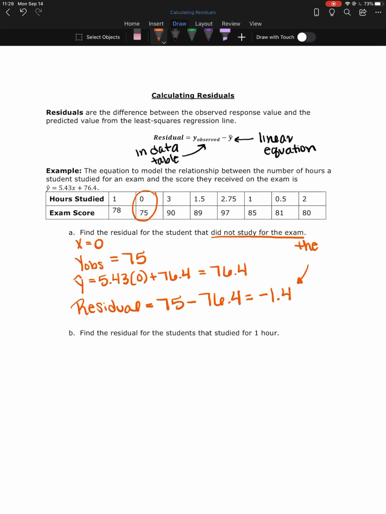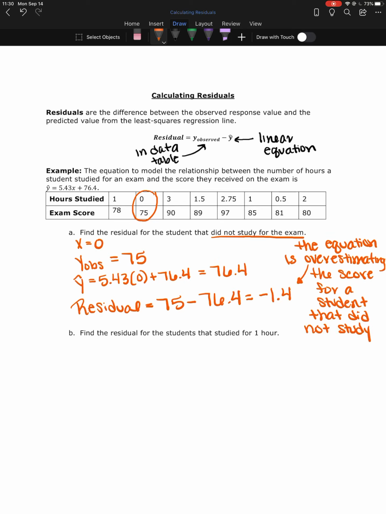One of the things that we can also say about this residual is that the equation is overestimating the score for a student that did not study, because the value from our equation is higher than what we actually saw.